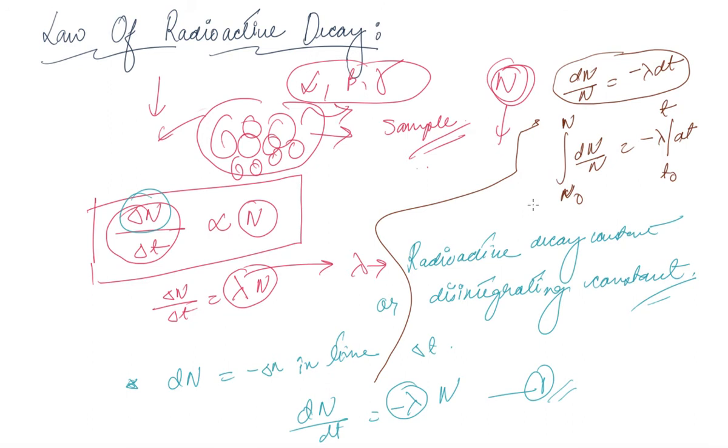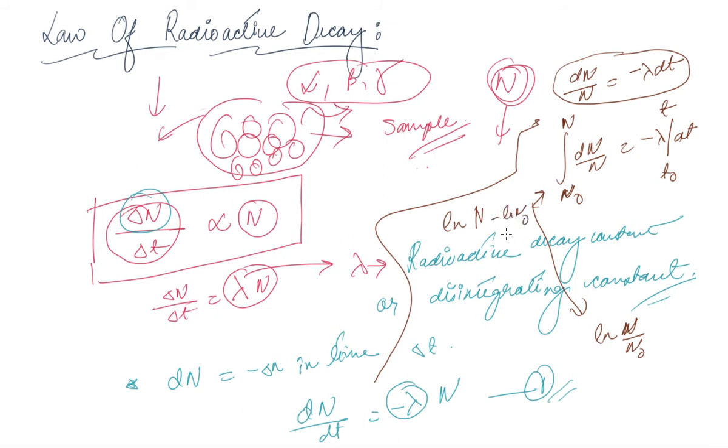So I am writing the result over here. The integral of dN upon N is nothing but ln. So here you have ln N minus ln N naught.